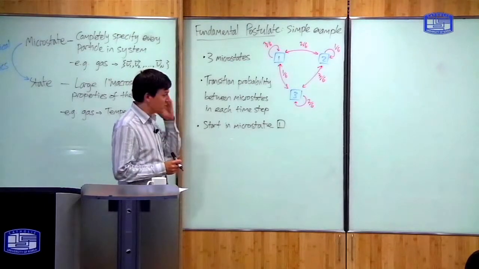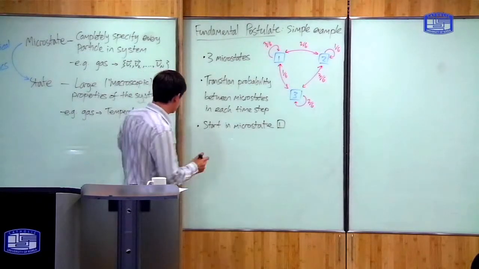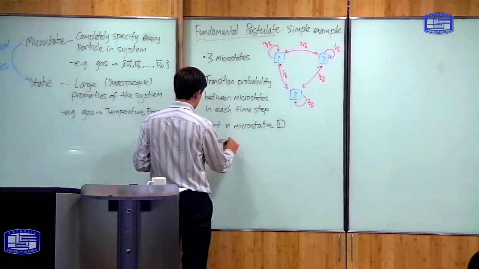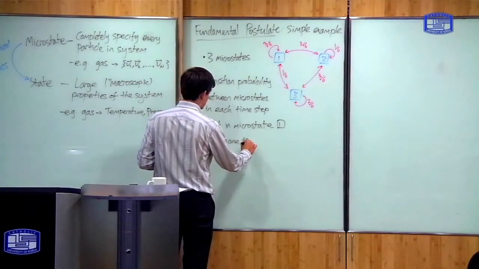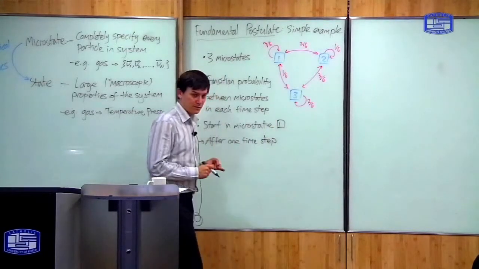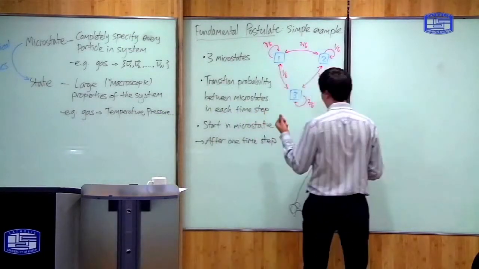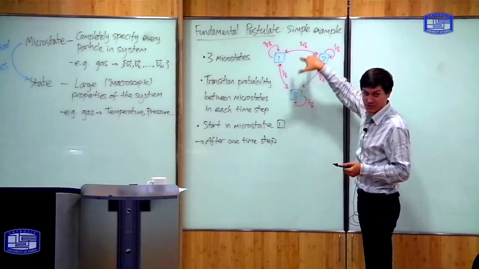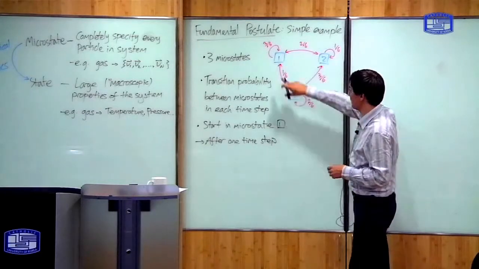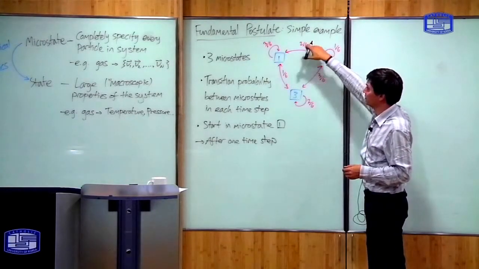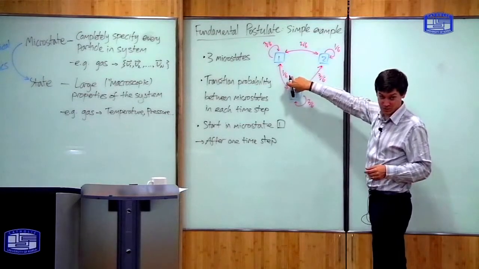Now what does it look like after one time step? Well, after one time step, I have a scattering event. I could either stay there, or I could go into states 2 or 3. The probability I stay there is 3/6. The probability I go to number 2 is 2/6. The probability I go to number 3 is 1/6.